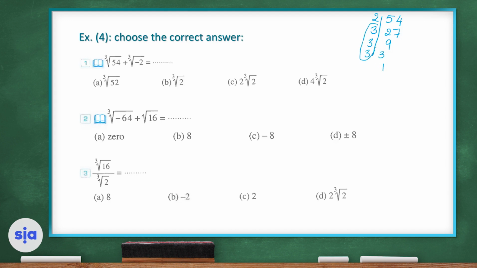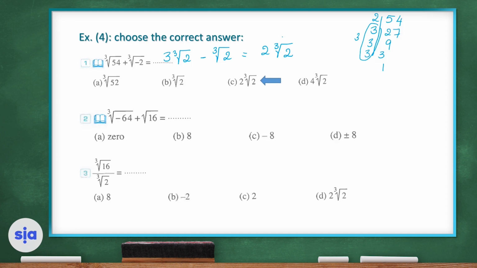So the first term will be 3 cubic root of 2. Here, we're going to get the minus outside and then cubic root of 2. So 3 minus 1, it's 2 cubic root of 2. Then the correct answer of question 1 is choice C.